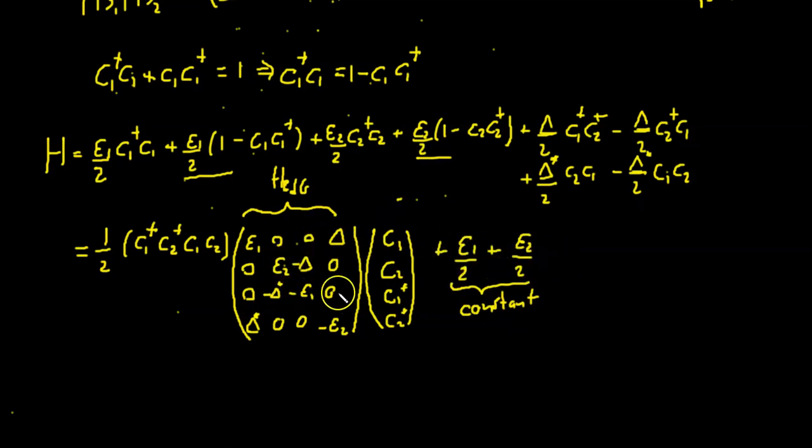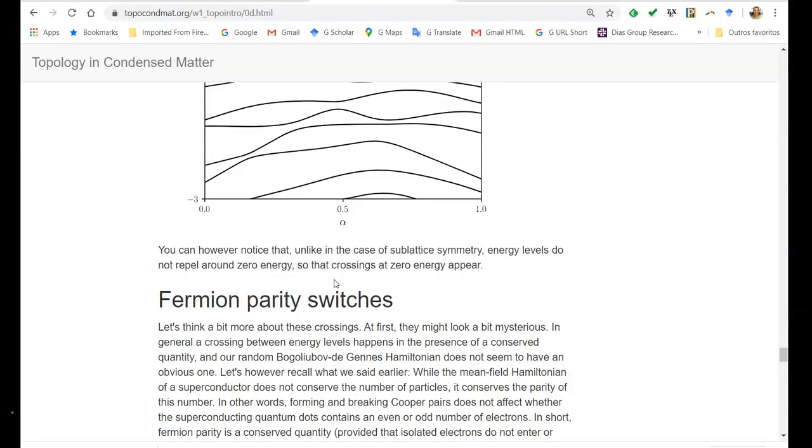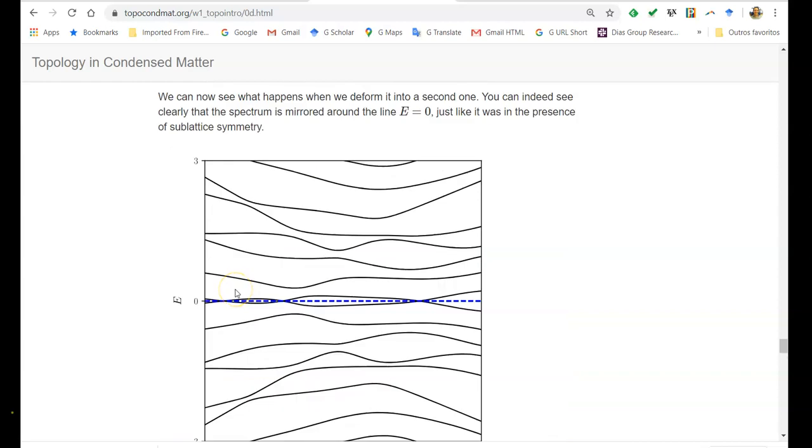So the question is, as I said in the last video, our motivation is to try to understand what these fermion parity switches are when you have a crossing in the spectrum. When two of these Bogoliubov levels cross the Fermi level, and this is from the site topoconnect.org.